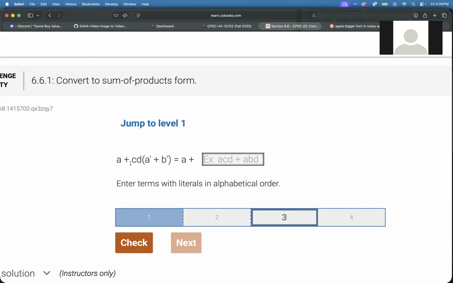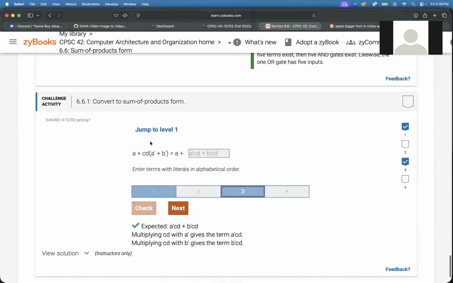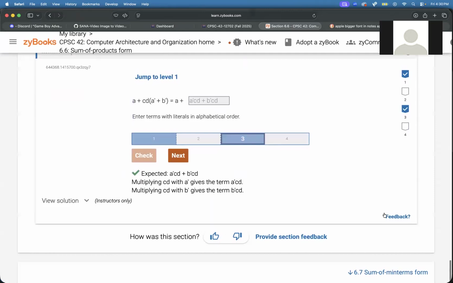A plus this thing, and then they have A plus. So we have to multiply out the highlighted part. So it's going to be not A, CD. And then we're going to have not B, CD. And these are so close to regular algebra rules that you should have no trouble with these, I hope.